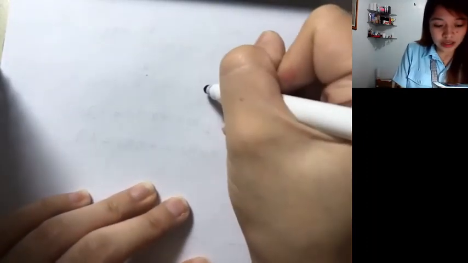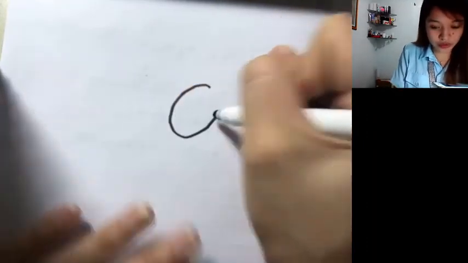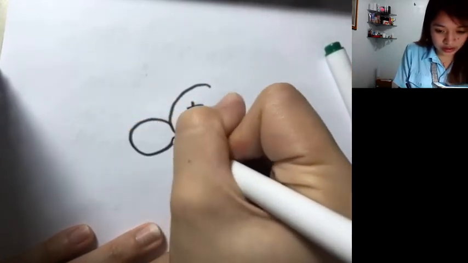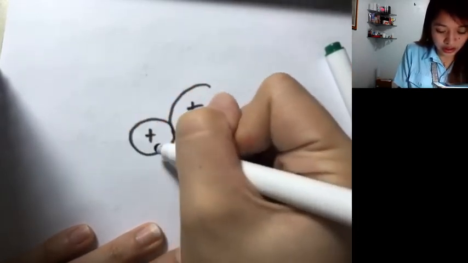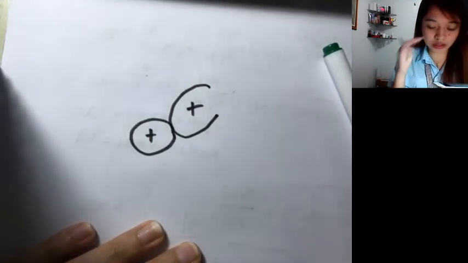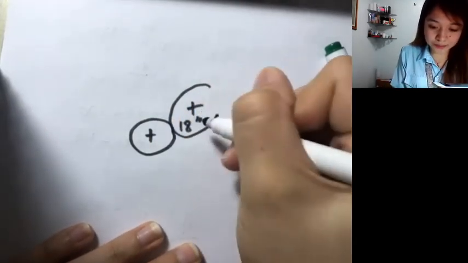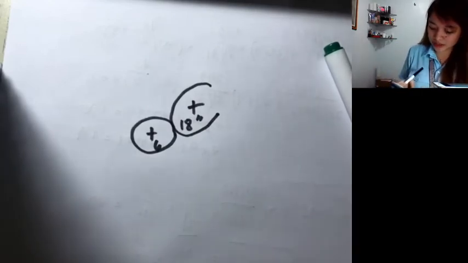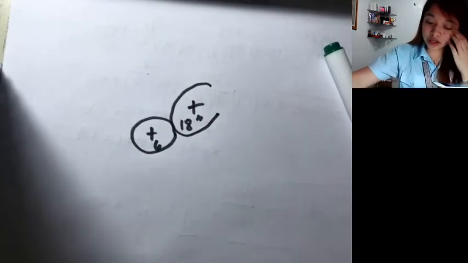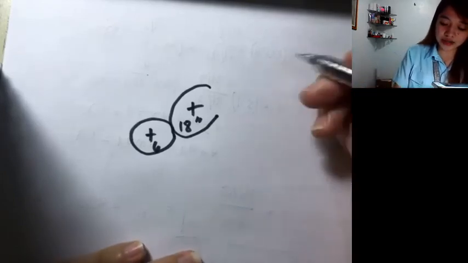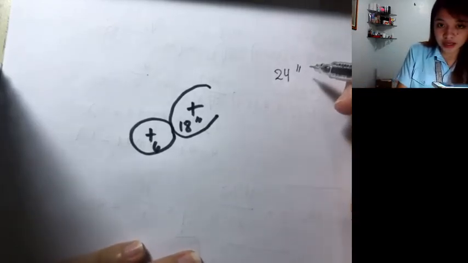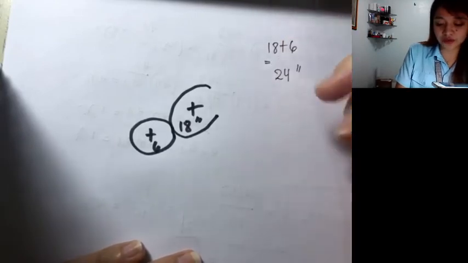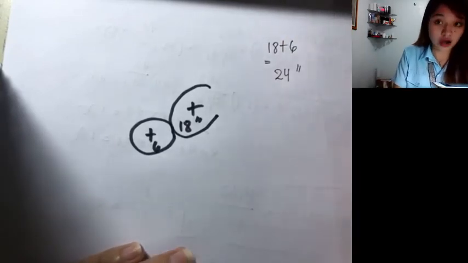This is the pinion and this is the other circle. What is the measurement? It's 18 and 6. If you're wondering where I got the 24, it is simply 18 plus 6. It's 24 inches. So that's the R.